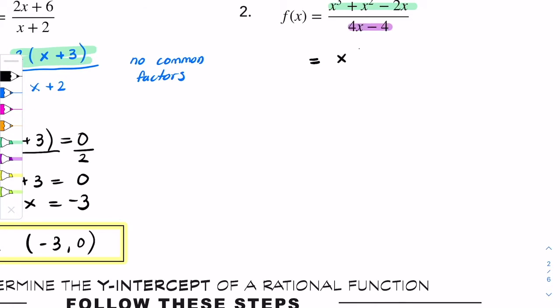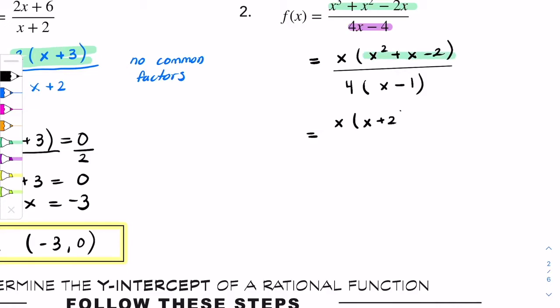The numerator, we can take out an x, left over x squared plus x minus 2, divided by the denominator, which we can factor a 4 out of, left over is x minus 1. The numerator can be factored again. We can factor x squared plus x minus 2 to x times x plus 2 times x minus 1, all divided by 4 times x minus 1.